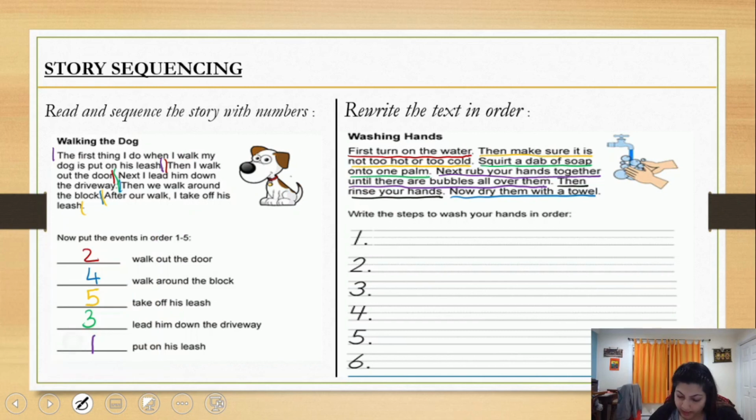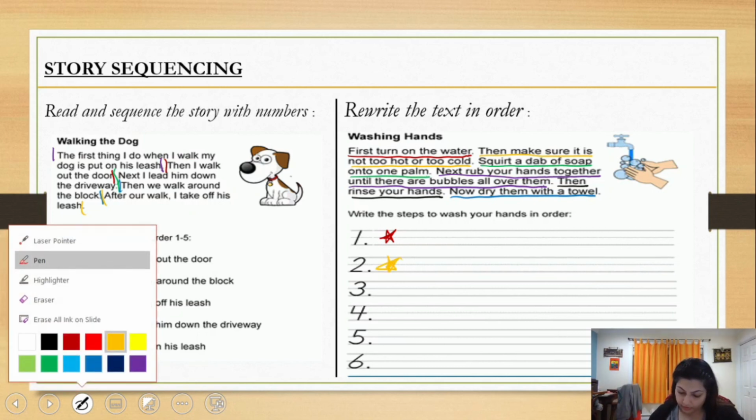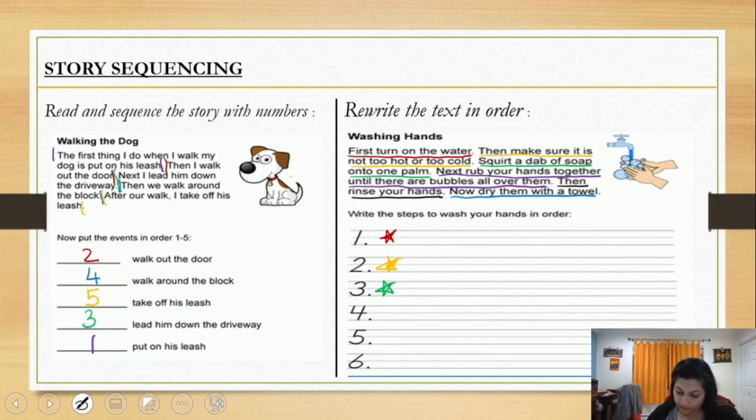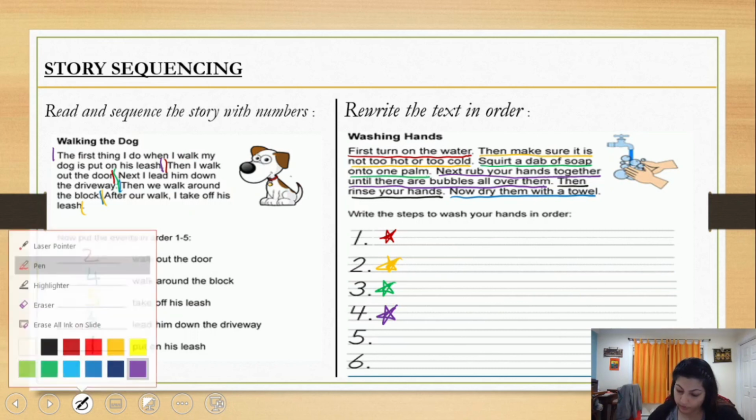So now you can go back and you know what to write. Like, this will be your first color. Then your next color will be this one. So you color coded your sentences in order. Green will be your third. Purple will be your fourth.